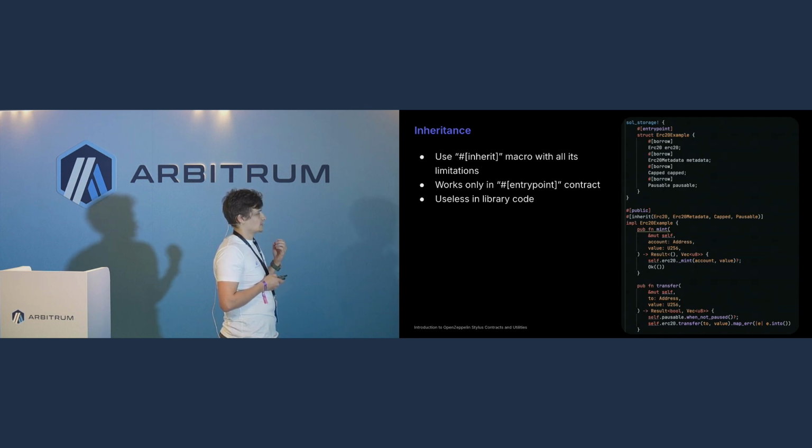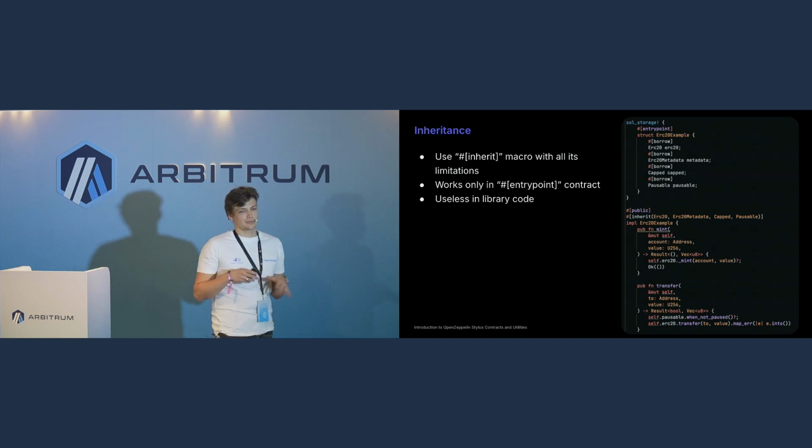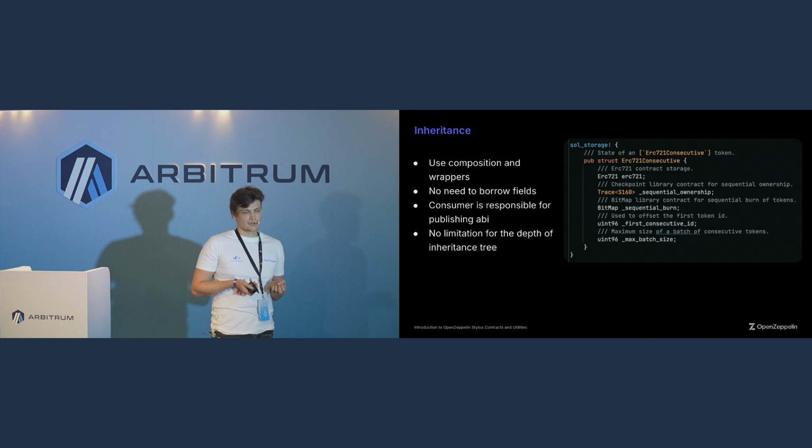Entry point in the Stylus SDK means that exact contract that will be compiled to WebAssembly, so like the least unit of compilation. And the overall approach that you should take, or at least we're trying to take in our library, is using composition, using wrappers, and not relying on the inherit keyword.